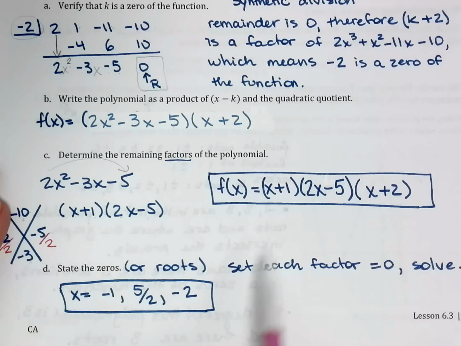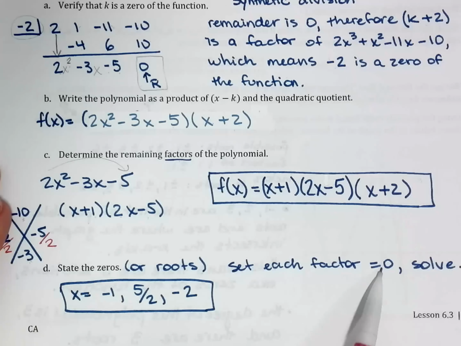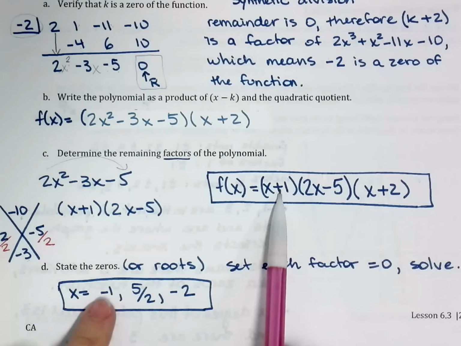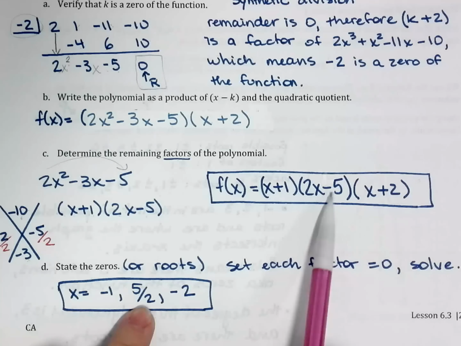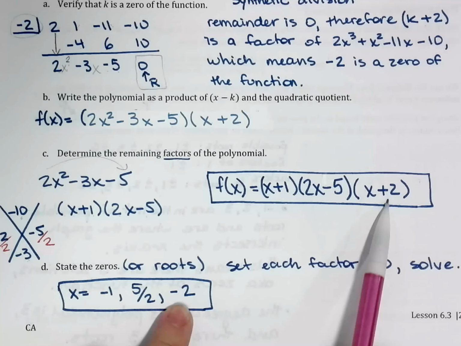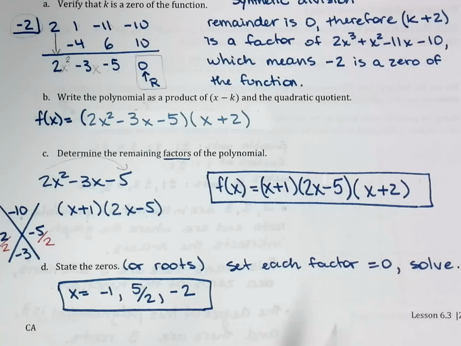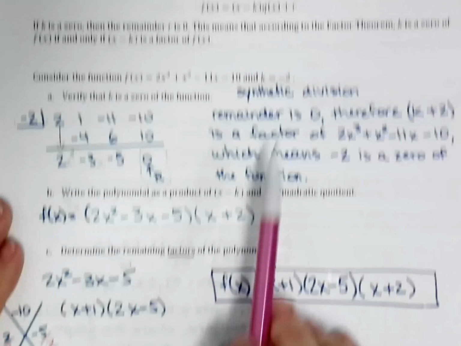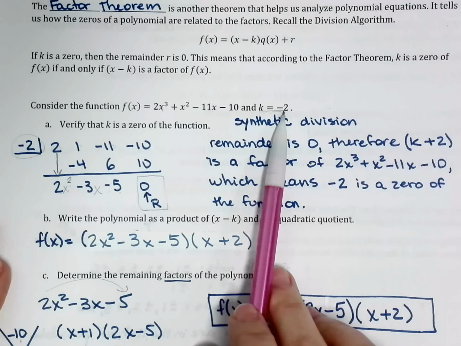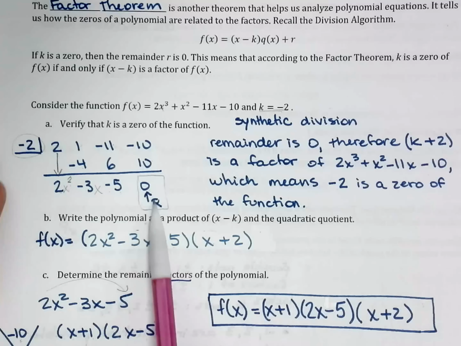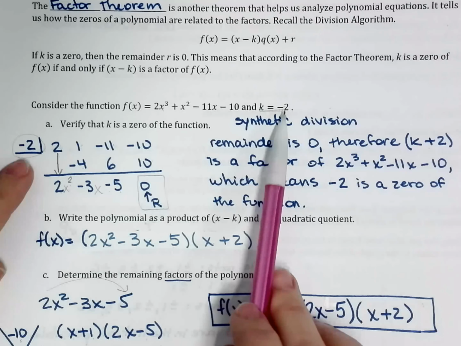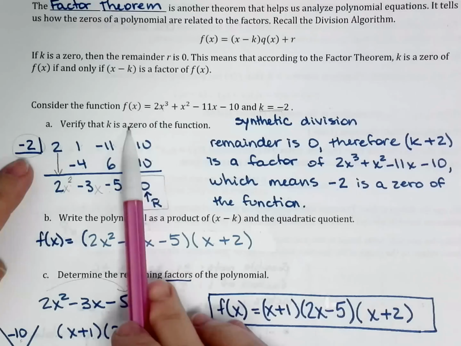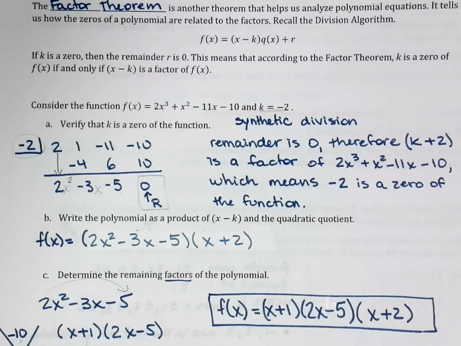So all you have to do is set each factor equal to 0 and solve. So here I got -1 from here. Here I got 5/2 from this factor, and then -2 from this one. And this one was actually given to us right there. And I was positive after testing it out because the remainder right here from the synthetic division showed me that this -2 was actually one of the zeros. I just had to find the other two.